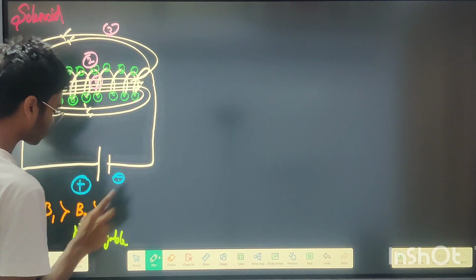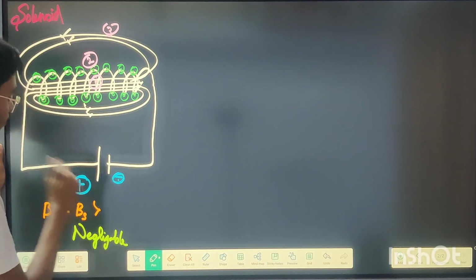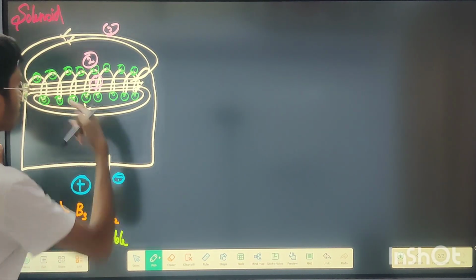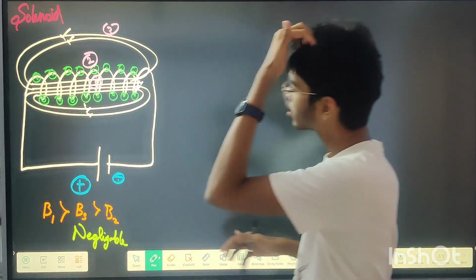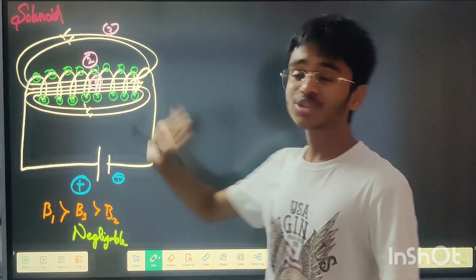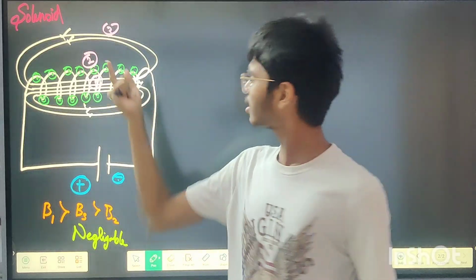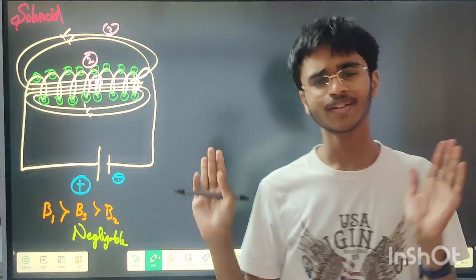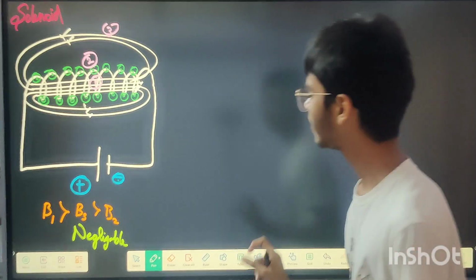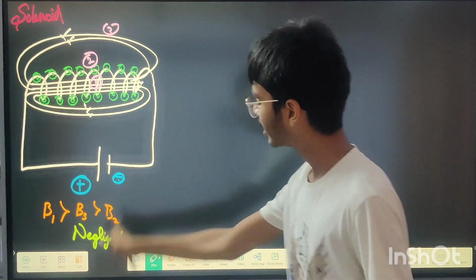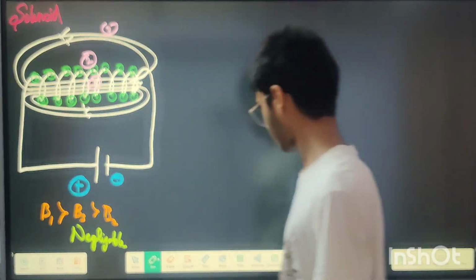Then after this we are going to see B2, which is these concentric circles. They are not that negligible. They are just 0, because these two concentric circles just cancel. They are just 0, or you can take them as negligible too, but B3 will be comparatively higher than B2.